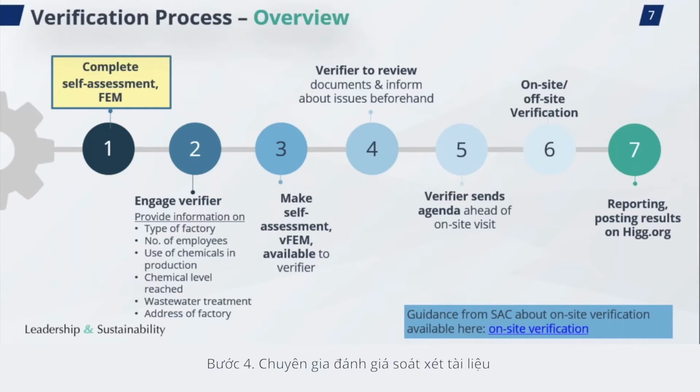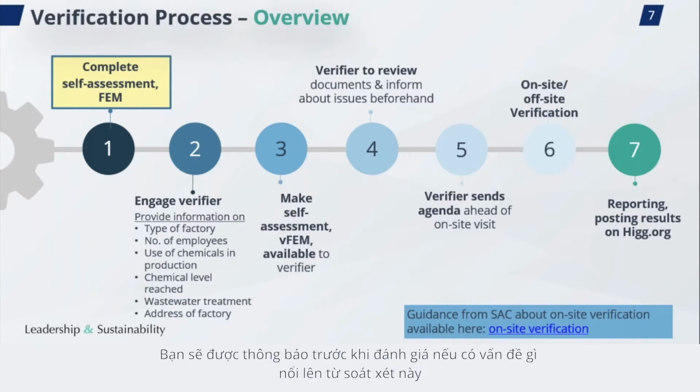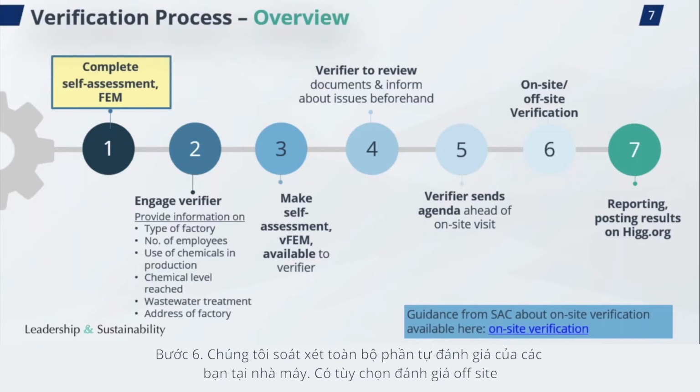The verifier reviews your self-assessment and your documents and informs you also about any issues before the actual verification. We have an agenda sent to you, and then during the on-site visit, or potentially also during the off-site verification, we will go through all documents and all your responses and verify them.